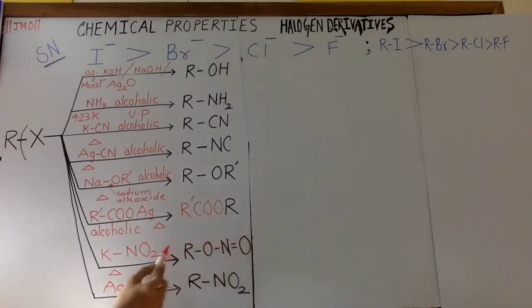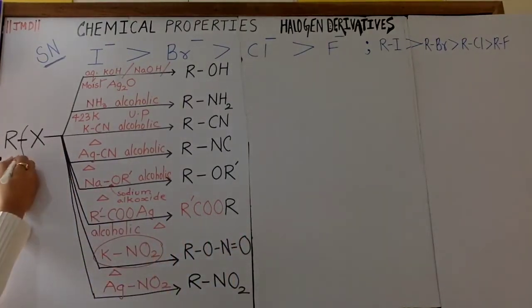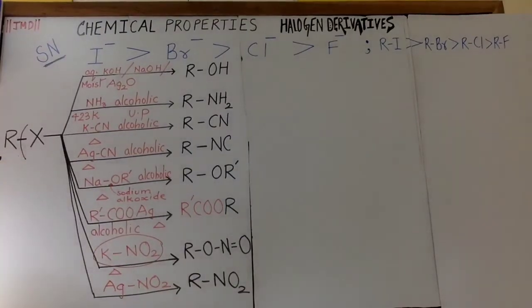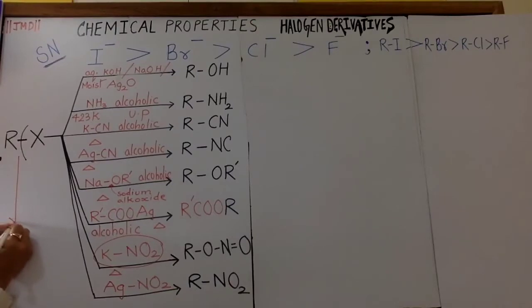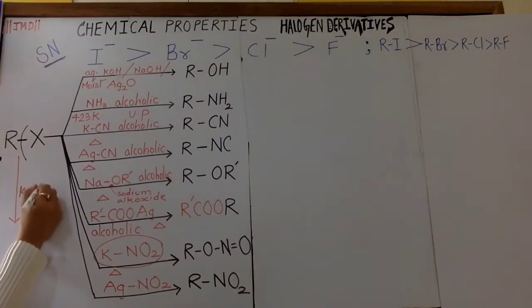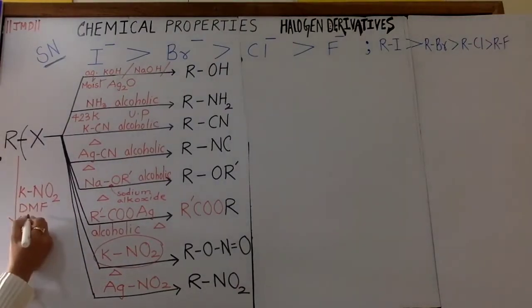In this reaction, if I do the same reaction with something special, which will come later in the nitroalkanes topic: if this alkyl halide is treated with this KNO2, but in presence of a reagent like dimethyl formamide.